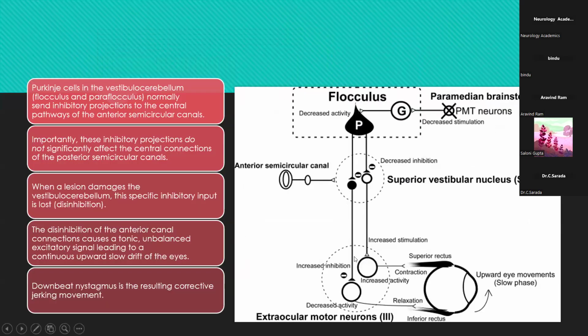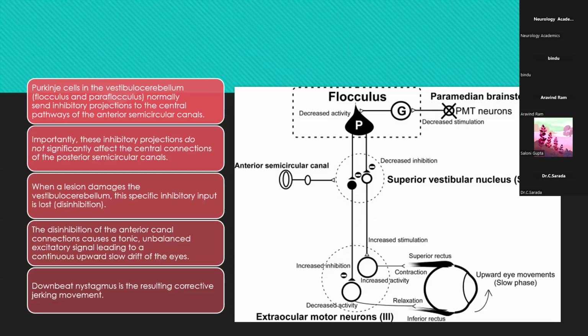The other mechanism is via the Purkinje cells in the vestibulocerebellum, which will normally be sending inhibitory signals, as I had mentioned earlier. However, there is an asymmetry. They will be sending more inhibitory fibers to the anterior semicircular canal, and inhibitory projections will not be significant to the connections of the posterior semicircular canal. Such an asymmetry exists.